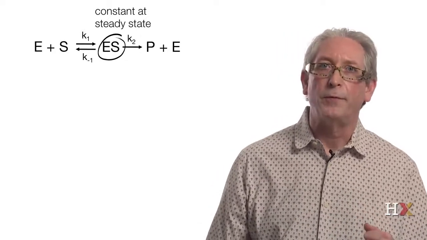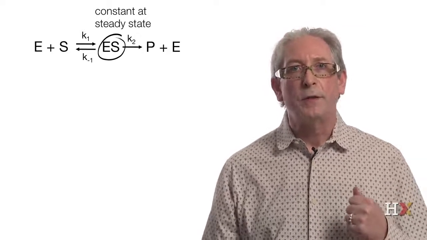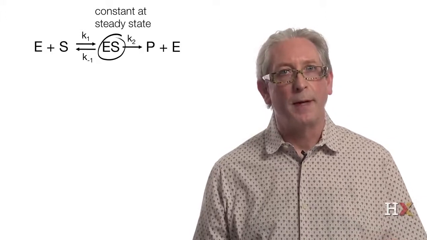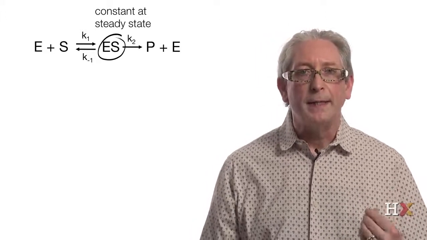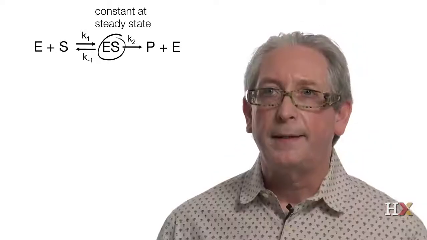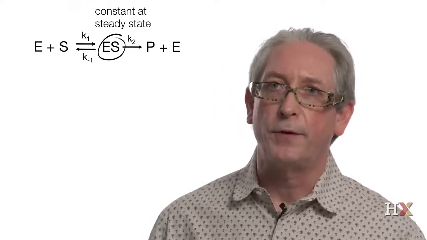The first thing that we have to do is to determine the rate of formation of the enzyme-substrate complex. This rate is the product of the rate constant, here K1, times the concentration of the starting materials, here the concentration of substrate and the concentration of enzyme.